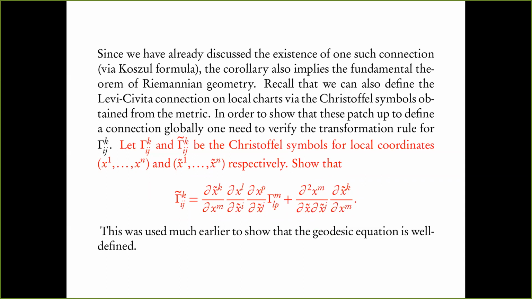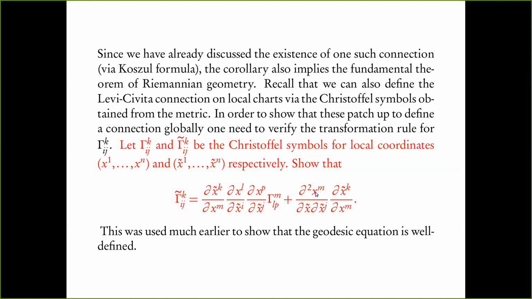Okay. So the point is, we had said that you have to use this to prove that the geodesic equation is well defined, because the geodesic equation is defined in terms of local coordinates. And how do you know that the equation is well posed? If I change the coordinates, maybe the equation changes structure, and this is what we used to show that. It was a half board calculation that we did in the class. So this identity appears again.